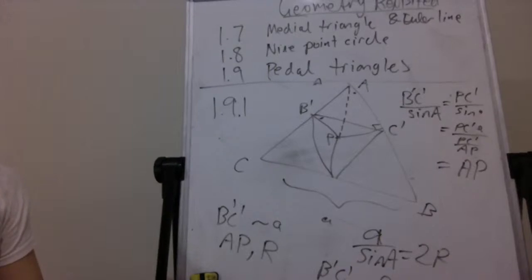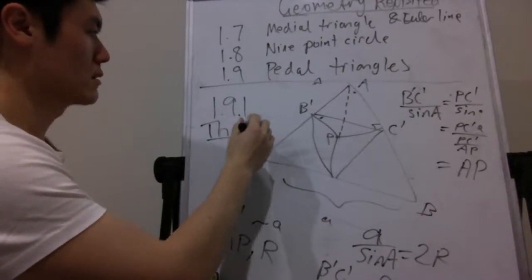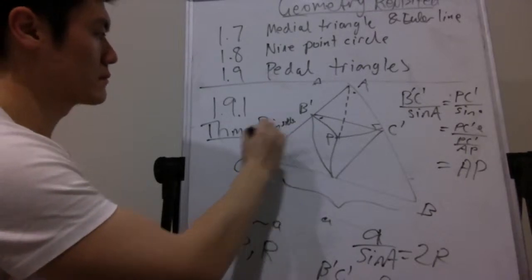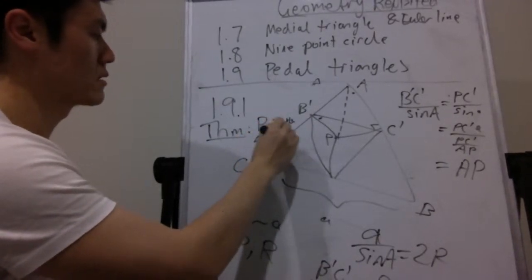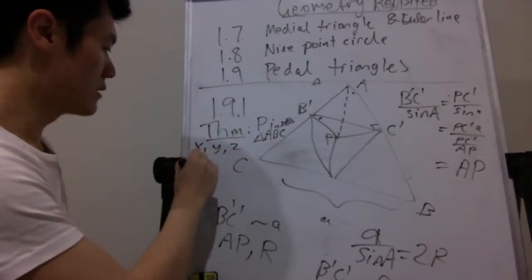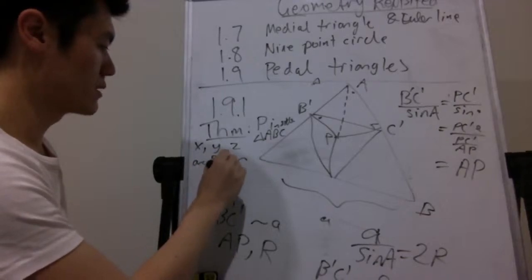Maybe I'll state this theorem more like how they state it. The theorem says: P inside triangle ABC, and say X, Y, and Z are the distances PA, PB, PC.